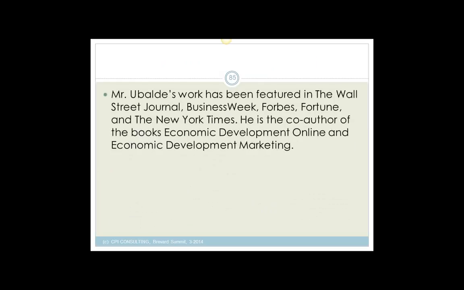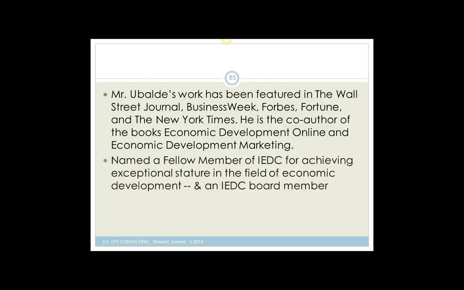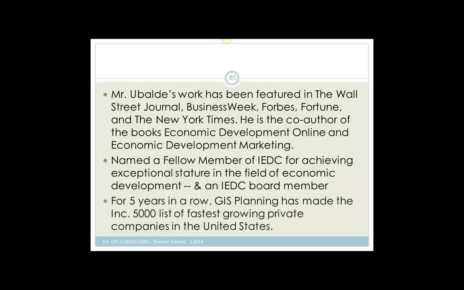And his work has been featured in the Wall Street Journal, Business Week, Forbes, Fortune, and the New York Times, and he is co-author of the books Economic Development Online and Economic Development Marketing. He was named a fellow member of the International Economic Development Council for achieving exceptional stature in the field of economic development, and is also on the IEDC board.